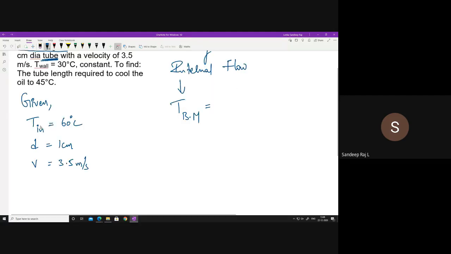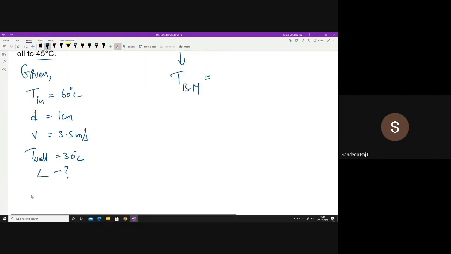The temperature of the wall is given as 30 degrees centigrade, and it is maintained constant. It is asking you to find the tube length to cool the oil to 45 degrees centigrade. So your outlet temperature will be 45 degrees centigrade. This is what is given in the question.